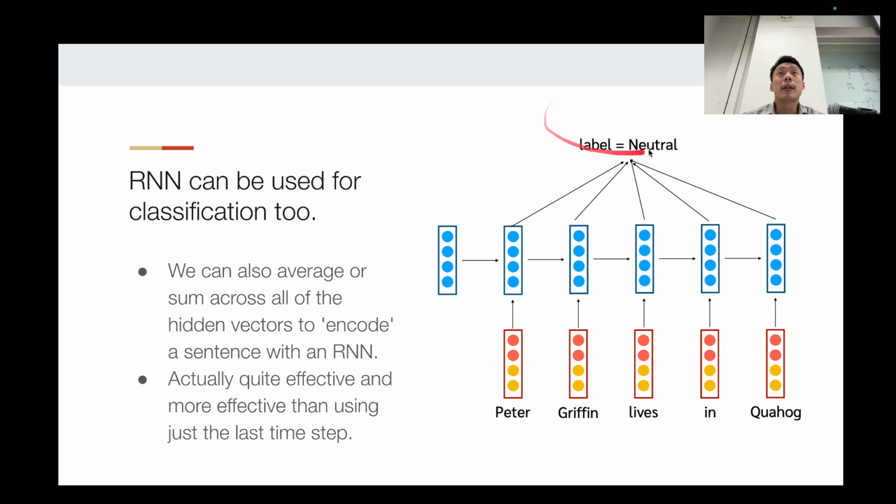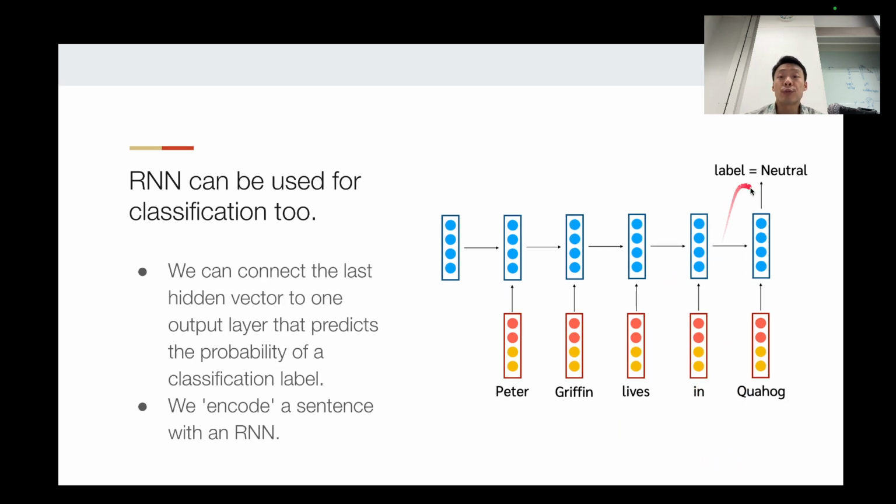So the error that you get from the label is very close to all of the embeddings that you need to train. Compared to this one, right? To get the error to propagate back to this word, it has to multiply over W that many times.